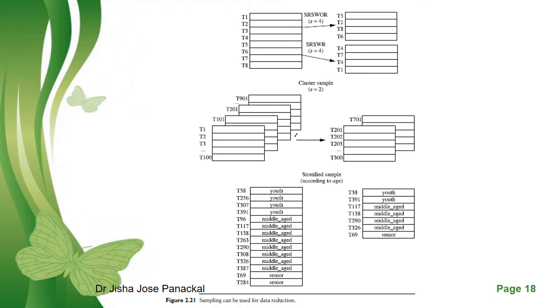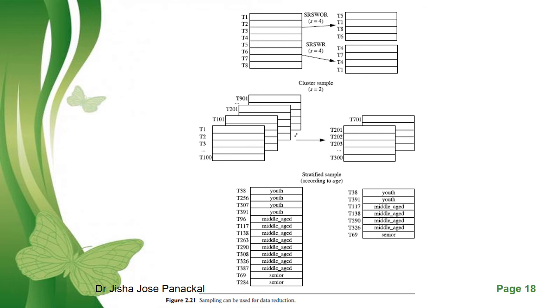Or we can use stratified sampling. Here you see based on the age we have several transactions. Youth we have 4 transaction records, middle-aged we have 8 records, and senior we have only 2 records. Based on the proportion, we are choosing for youth cases 2.